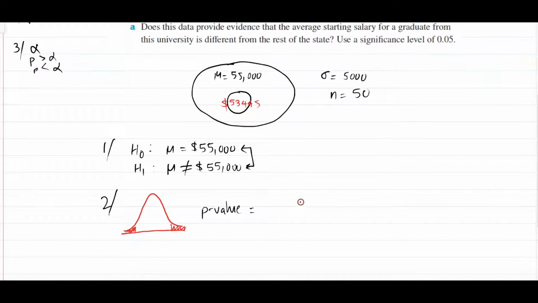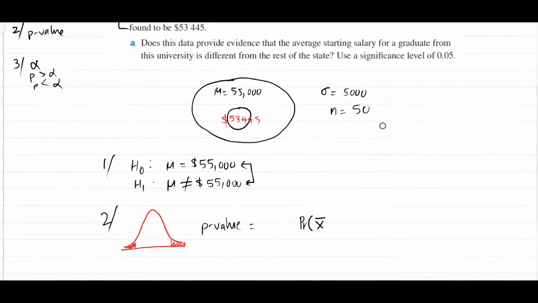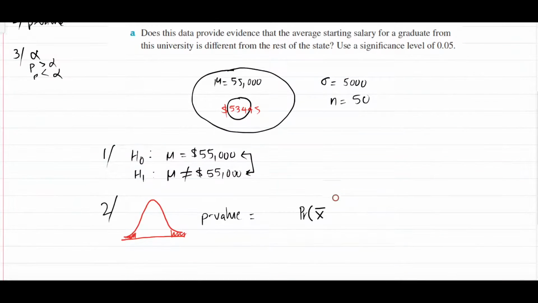you have to find the probability of you obtaining a sample average, out of those 50 students, that was less than 53,445, given that the mean was originally only $55,000.